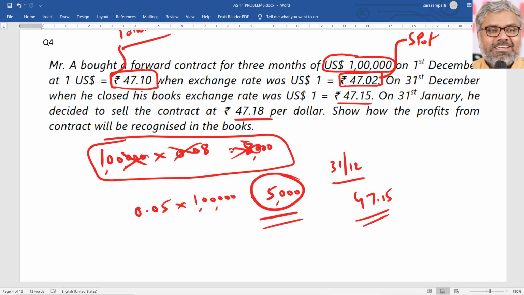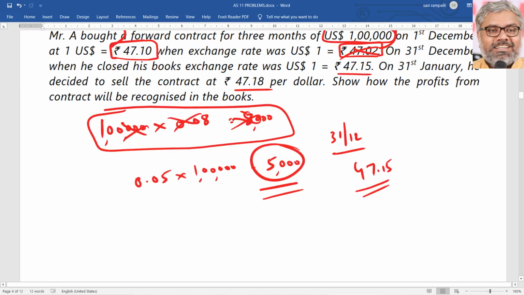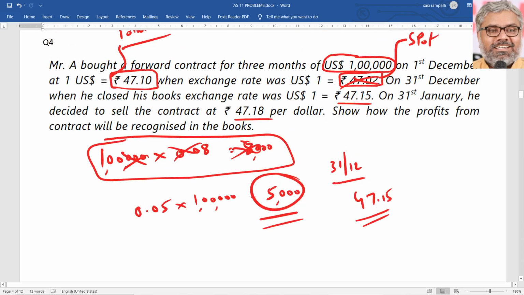But this 47.02 spot rate is useless. That is not something that we are going to recognize at all. That will be ignored. On the date of the balance sheet 47.15 is relevant. So this difference of 0.05 rupees per dollar, which comes to 5,000 rupees, will be recognized on the credit side of the P&L account on 31st December 2000 whatever it is.